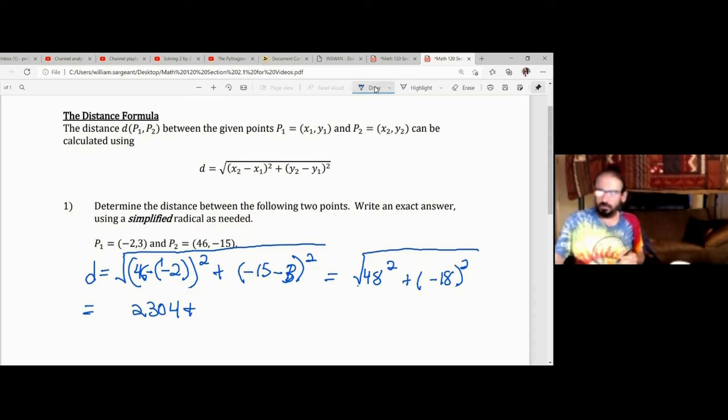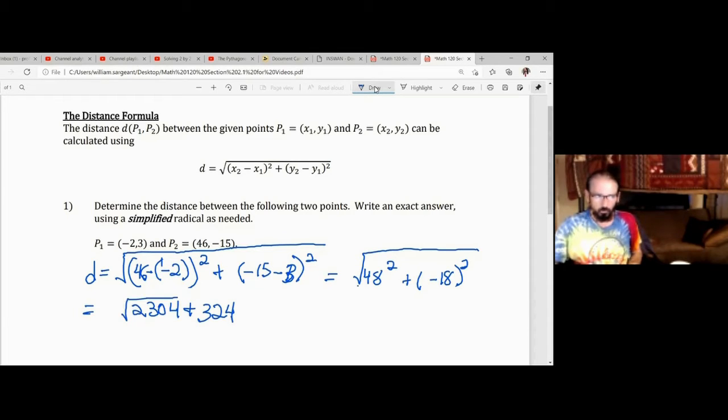And -18, since that's inside of what's being squared, a negative times a negative is positive. Well, -18, all of that squared is the same as 18 squared. So we get positive 324.